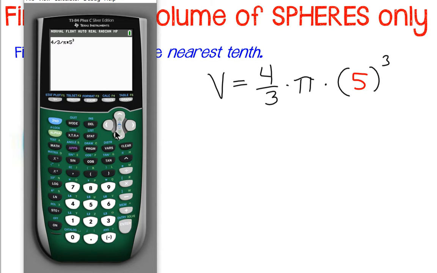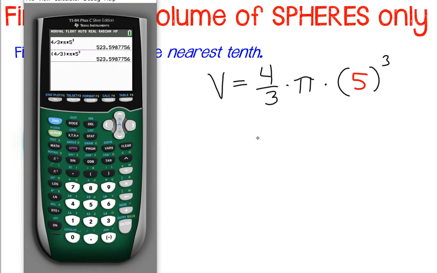So 4/3, whoops, I have a wrong symbol here. It should say 4/3 times pi times 5 cubed. You can also use these parentheses on your calculator to make sure that you are dividing 4 by 3 here in the fraction. So 4 divided by 3, or 4/3, times pi times 5 raised up to the 3rd power.